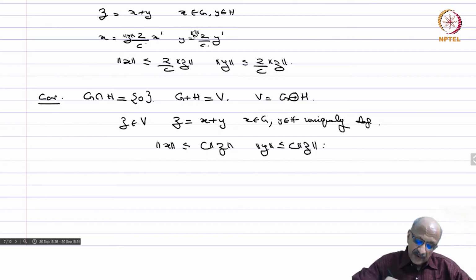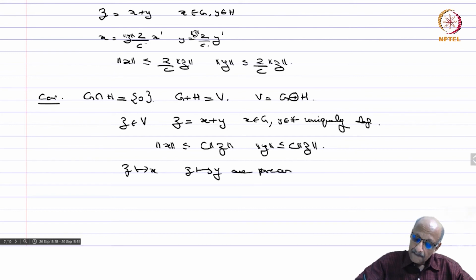And these are precisely the projections from V. So Z going to x and Z going to y are precisely the projections of V onto G and H respectively.